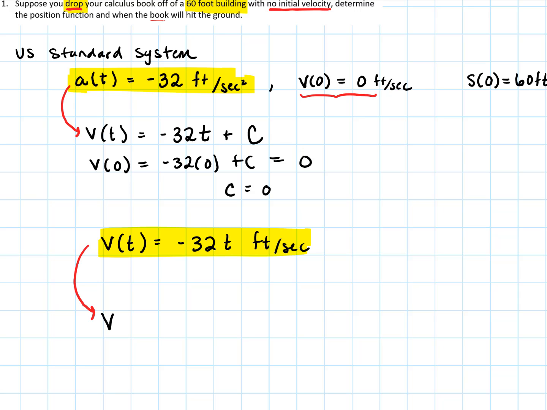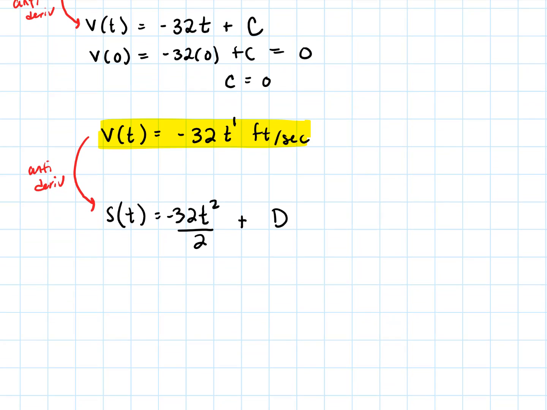So we're going to find, once again, an antiderivative. Each of these little red arrows here, we're finding an antiderivative. And so the position function is going to be negative 32t squared, because this is t to the first, divided by 2, plus another constant.